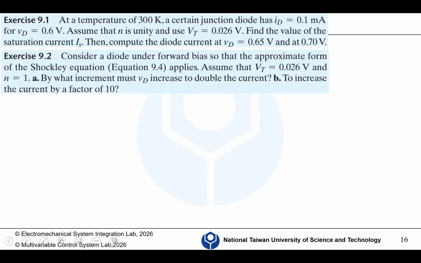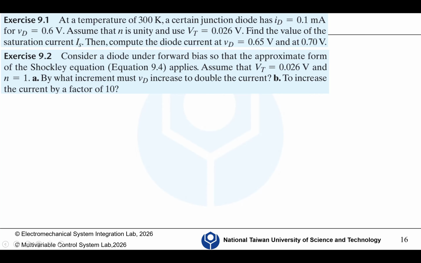Okay, next. All right, so we will work on two exercises. I will show you how to calculate. First, at the temperature of 300 K, a certain junction diode has the current ID equal to 0.1 milliampere, and VD is 0.6 volts.